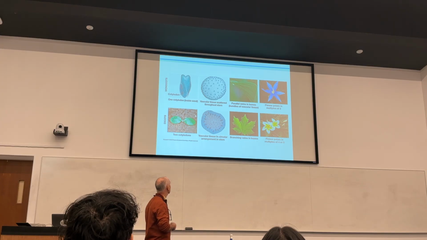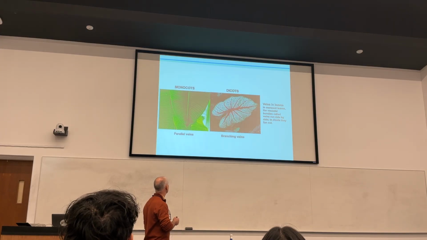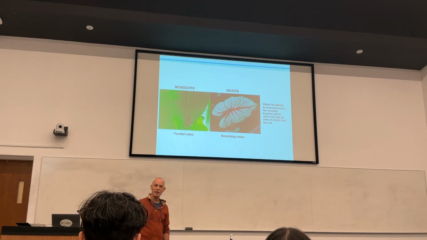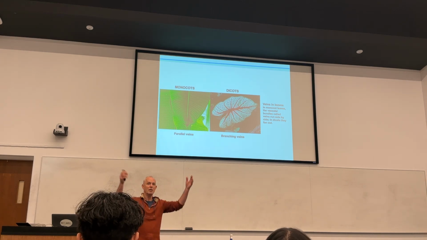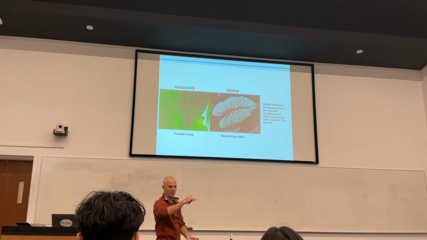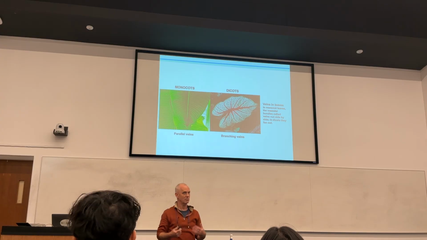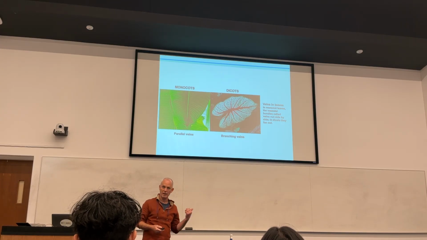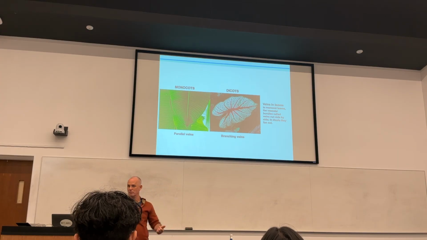So if we go back, that's a banana leaf. All right, so banana is a monocot. It's big. Usually people refer to the monocots as grasses. So you think grass, something short. But in fact, palm trees and banana trees are monocots.